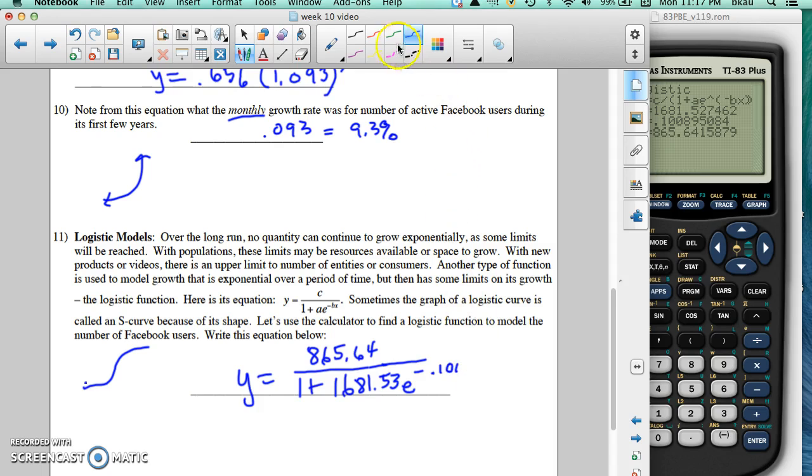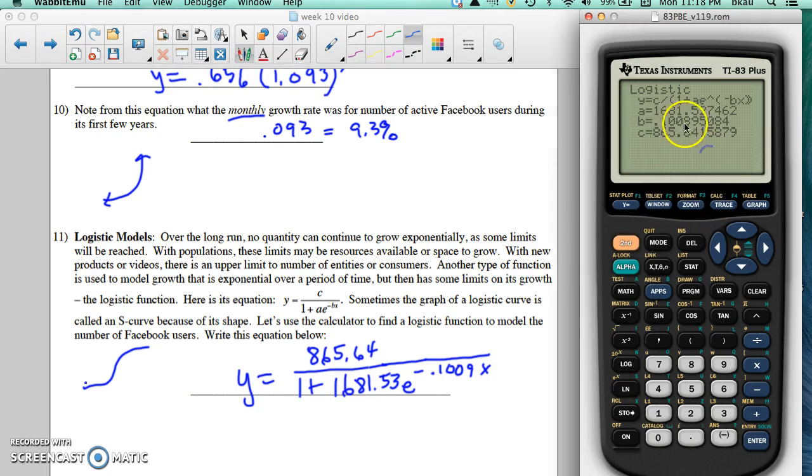We'll go four decimal places there because it's the exponent, just to give us a little more accuracy: 0.10089 x. So that's going to be our denominator here. Okay, and that's what we found for that.